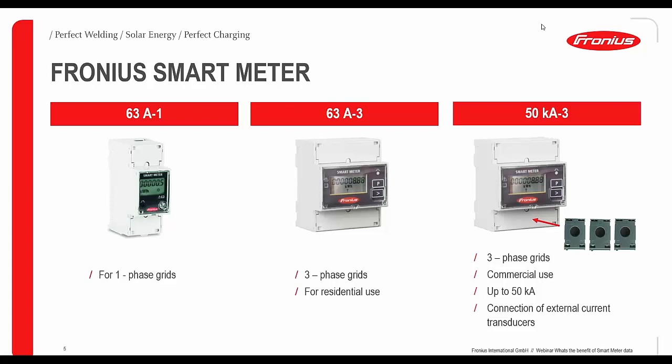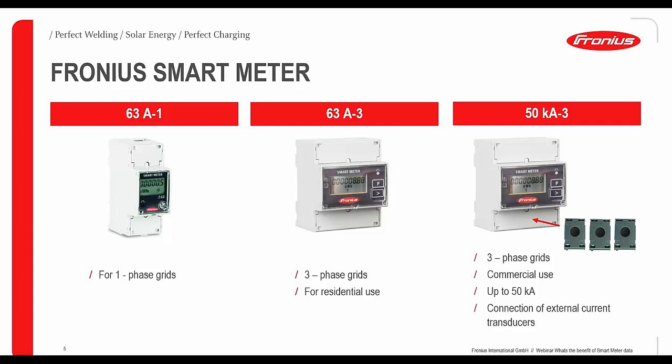For one-phase grids, we have here the 63A on the left-hand side, a little bit smaller version, but in fact the same one as for the three-phase ones here, a little bit bigger because we need more space for connecting the cables, three phases on the bottom terminal. On the top terminal, the communication line, the Modbus RTU cables, are connected.